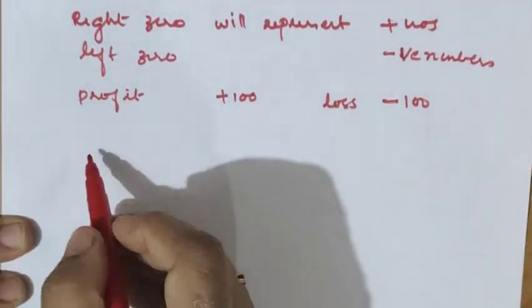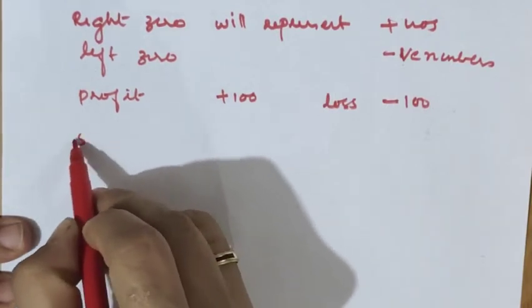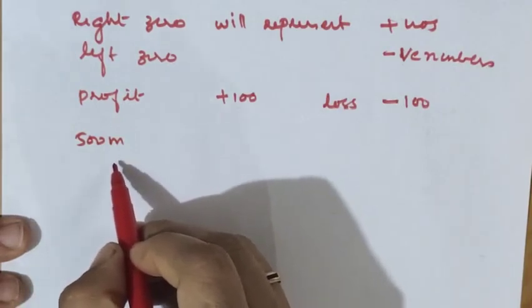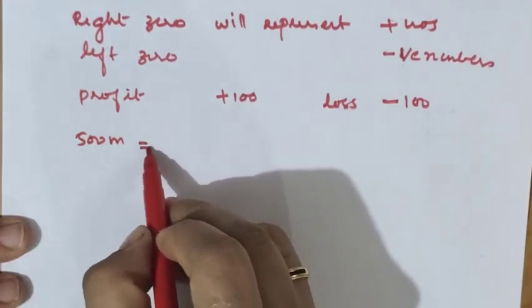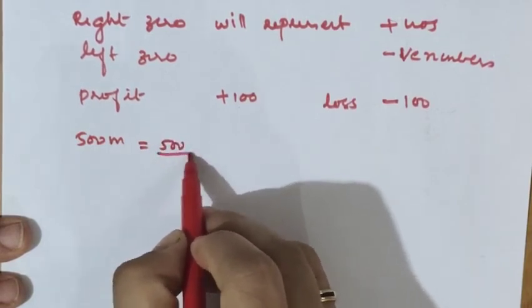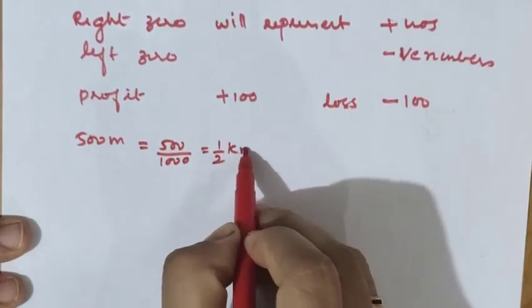Now, suppose we have traveled 500 meters. How can we convert it into kilometers? It is 500 by 1000, which is equal to 1 by 2 kilometer.